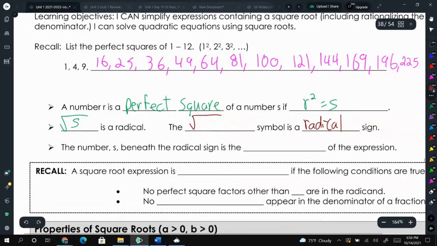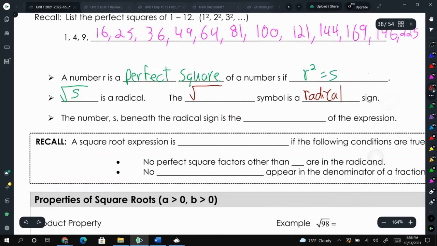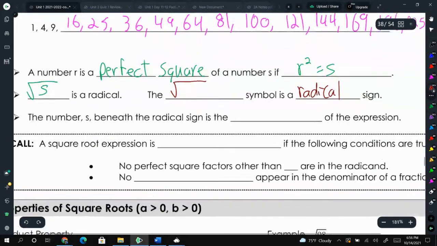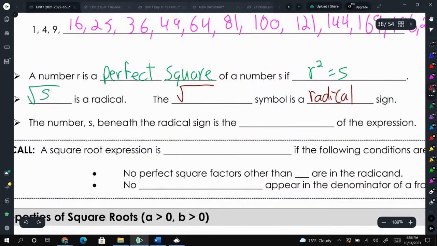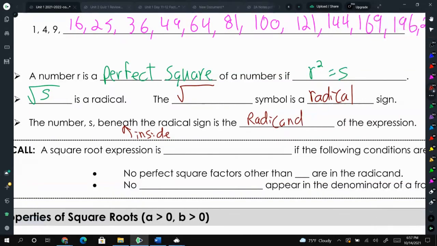If you don't see a number there, then it's just a square root. The stuff inside the radical sign is called the radicand. Again, it's another fancy math word. I'll most likely just say stuff inside the square root.